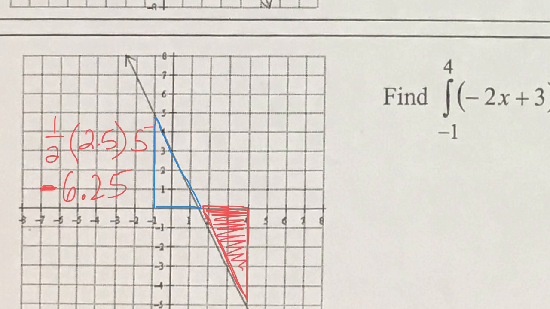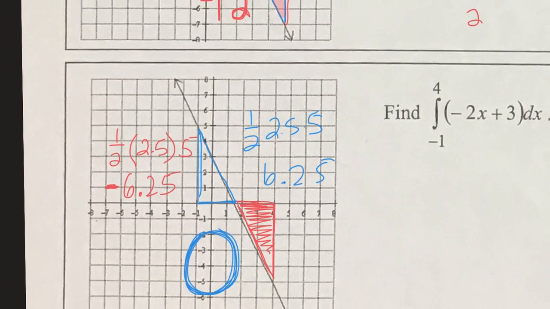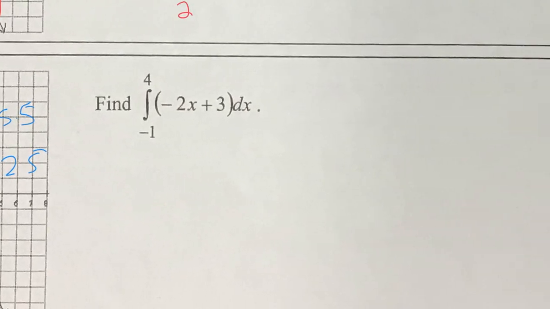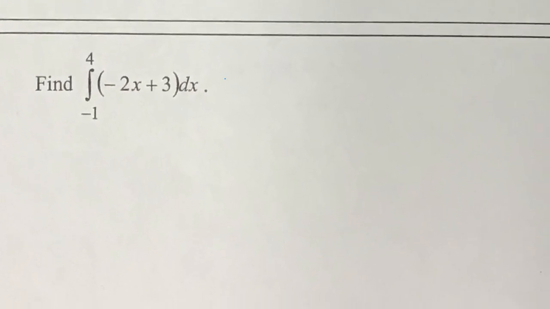So if this is the red area, then this is a negative 6.25 down here. And if the blue one is the positive, that's still 1/2 of the base, which is 2.5, times the height of 5, which is a positive 6.25. So we should get a net area of 0. Let's go ahead and do our fundamental theorem and evaluate our antiderivative at positive 4 and at negative 1.